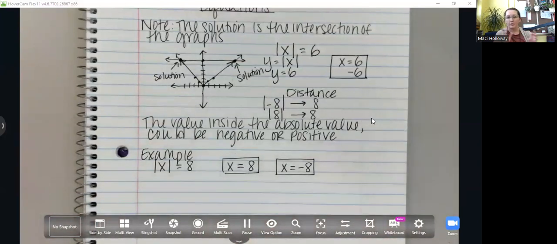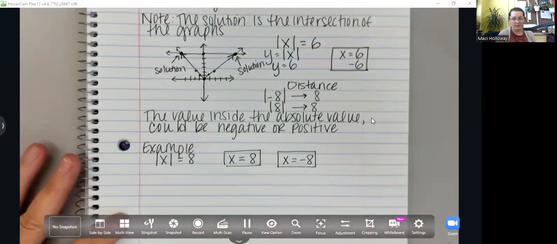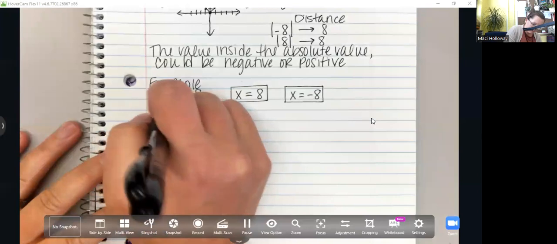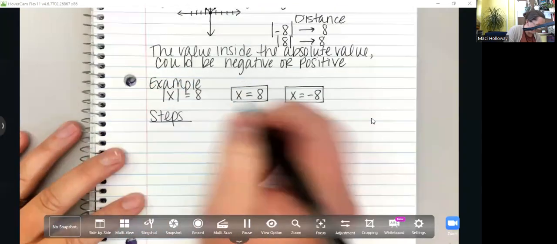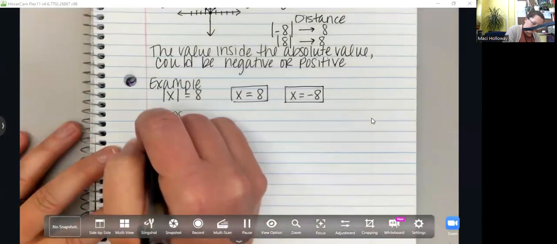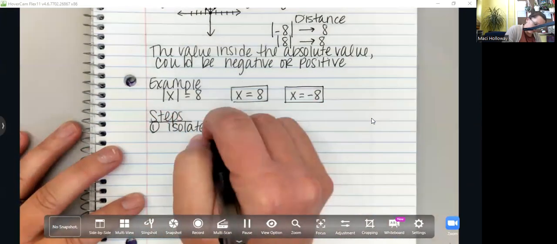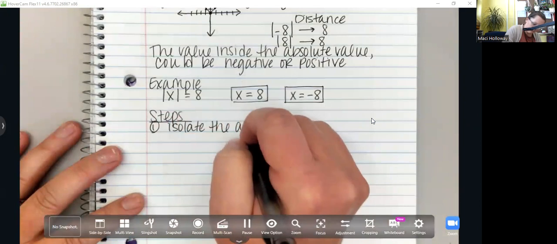Now we're going to get into actually solving them as equations. I'm going to give you some steps here. Step 1, you're going to isolate the absolute value.